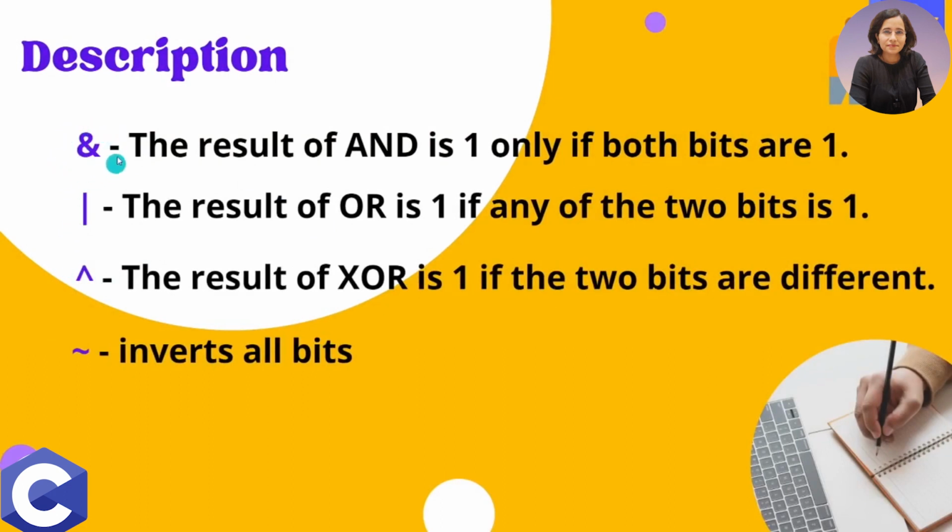In case of bitwise AND, the result will be 1 if both the bits are 1. In case of bitwise OR, if any of the two bits is 1, then the result will be 1. In case of XOR, if the two bits are different, then only the result will be 1, otherwise 0. And what about bitwise NOT? It inverts all the bits.